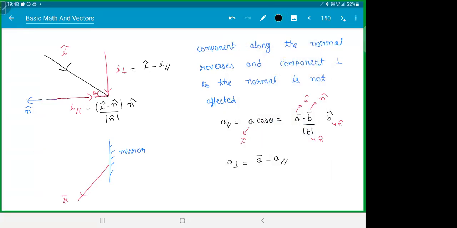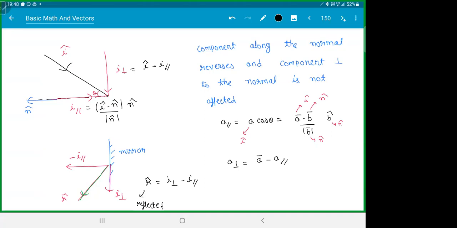Now just now we calculated it. Only the perpendicular component will reverse. So this will become minus I parallel vector and this will become I perpendicular vector. So the reflected ray R cap is nothing but I perpendicular minus I parallel. Is everyone clear with that logic?